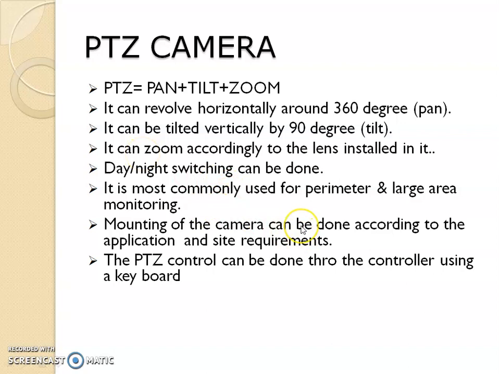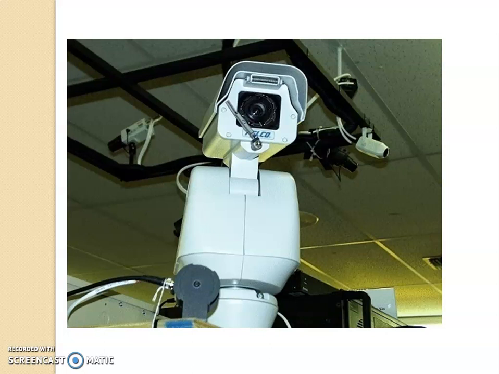It is most commonly used in perimeter and large area monitoring. Mounting of the camera can be done according to the application and site requirements. And PTZ can be controlled remotely from a computer. Sometimes you do have a wiper here, so that if there is any frost or humidity on the screen, it can be wiped off.